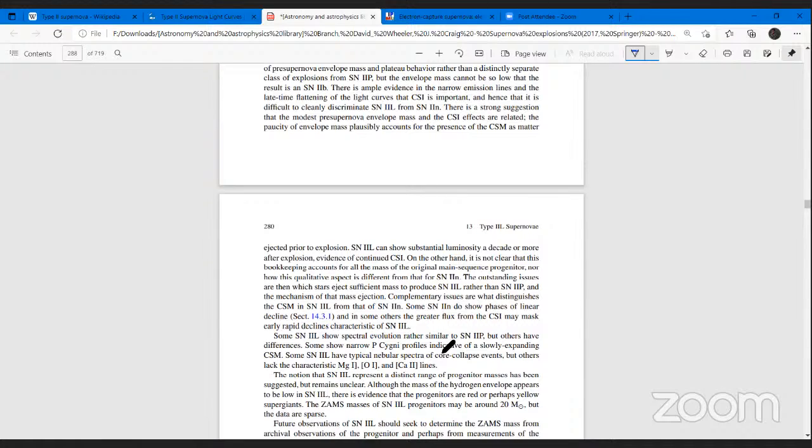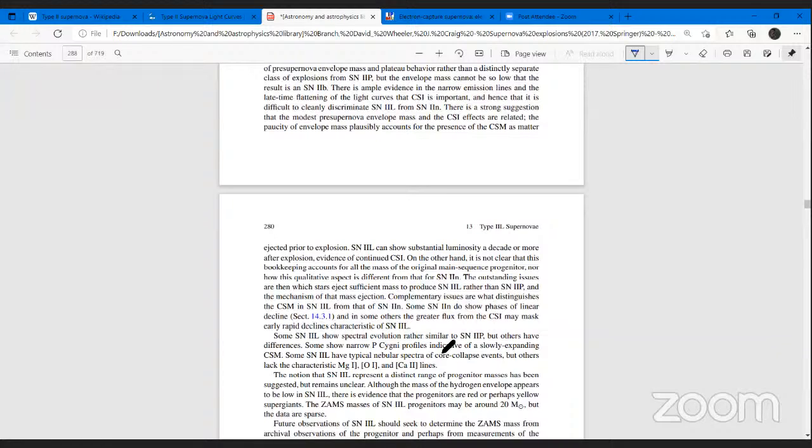On the other hand, it is not clear that it accounts for all the mass of the original main sequence progenitor, nor how this qualitative aspect is different from that for type 2N.